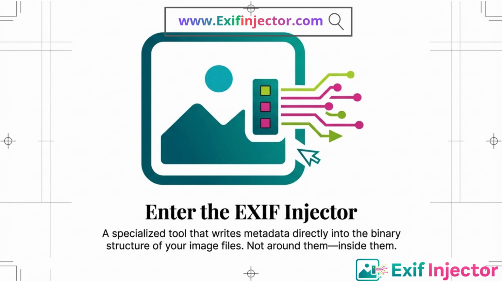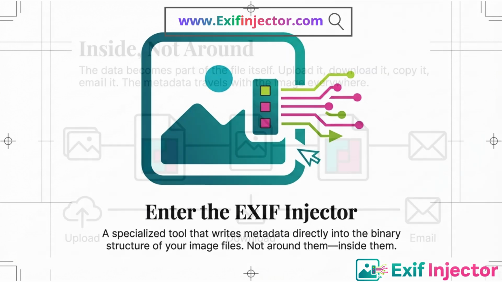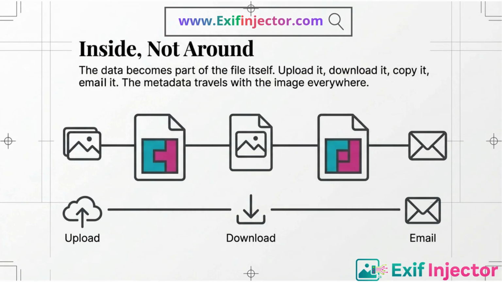Inside, not around. And here is the key difference. The data becomes part of the file itself. Upload it, the metadata is there. Download it, still there. Copy it, email it, move it to another platform. The metadata travels with the image everywhere.